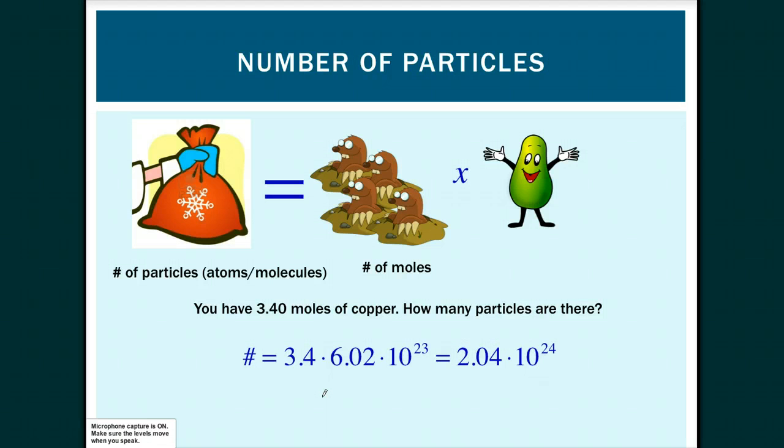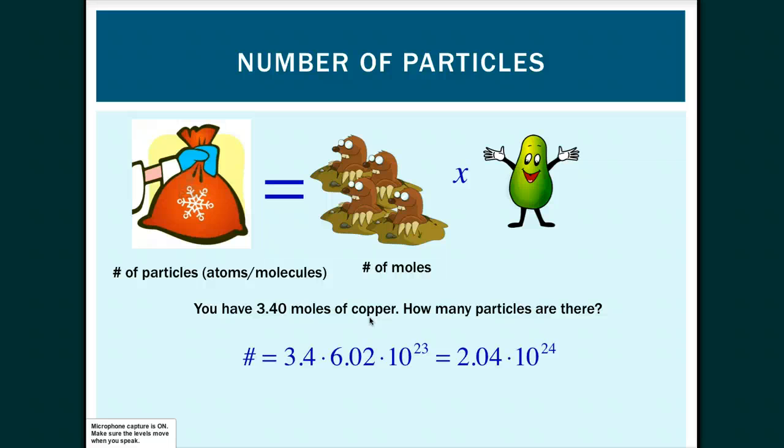Another example, the number of particles. Again, the physics way. If I need to know the number of particles, I just take the number of moles and multiply it by Avogadro's number, which is 6.02 times 10 to the 23rd. So if I know that I have 3.4 moles of copper, how many particles is that? Whatever it is, if it's cars, if I have 3.4 moles of cars, would I be happy?